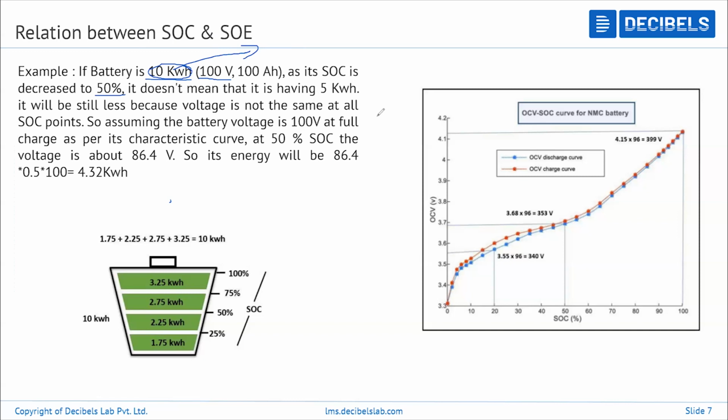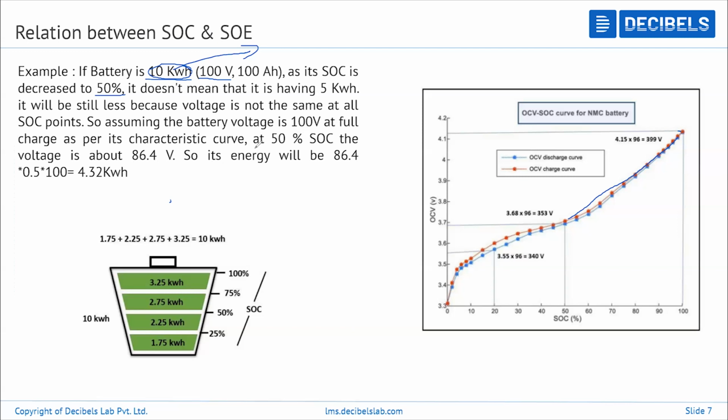It will still be less because the voltage is not going to be the same. The voltage drops at different SOC points. That influence has to be included when we talk about range estimation. Then you can say that a good range estimation can be considered.